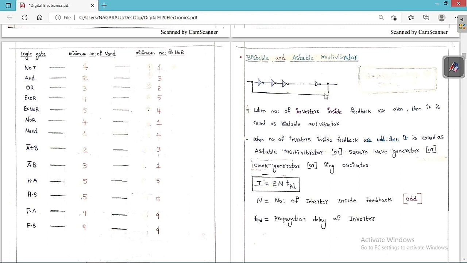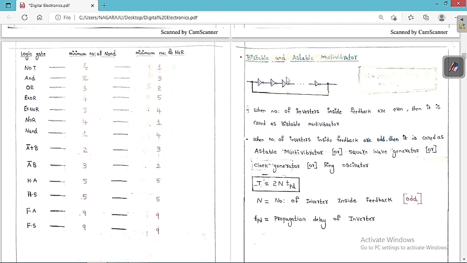Then I am going to give the feedback from the output to the input in this manner. So I am going to keep n number of NOT gates, and I am going to keep a feedback from output to the input. Listen carefully. When the number of inverters inside the feedback is even, then it is called the bistable multivibrator.